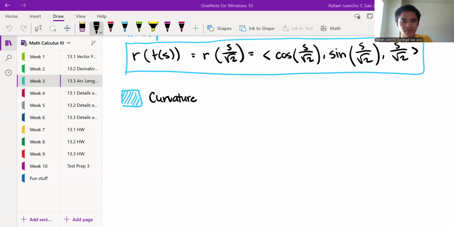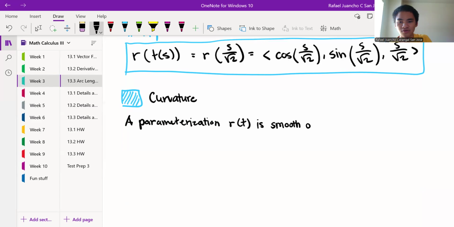Basically, when we parameterize our vector function, it's called smooth on some interval, let's say interval I, if its derivative is continuous.